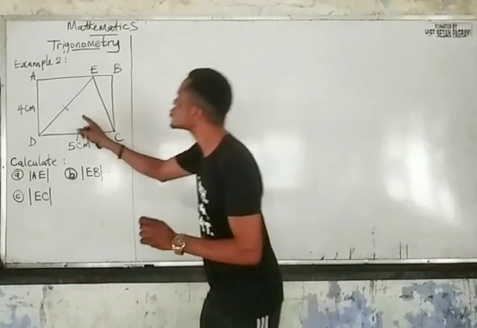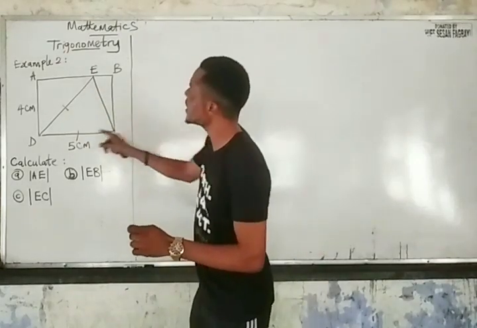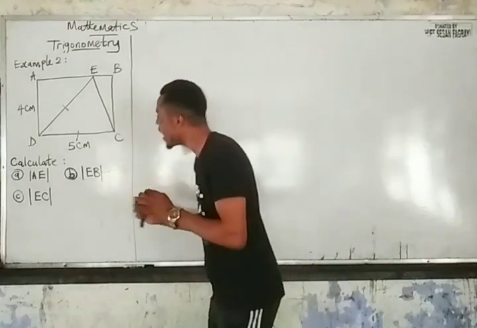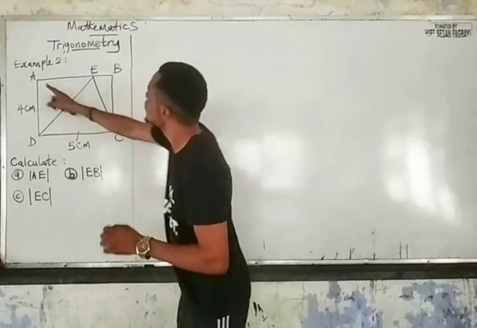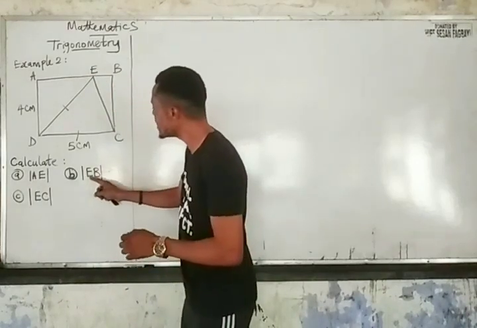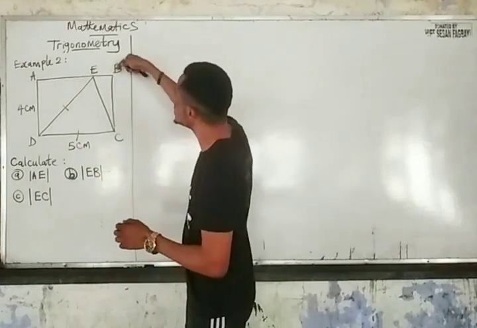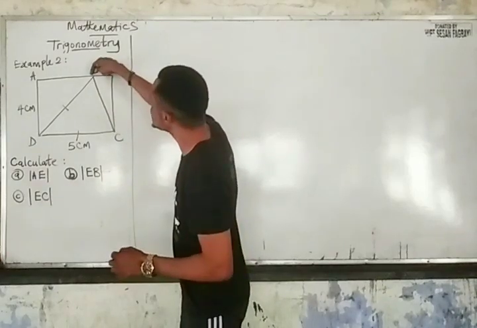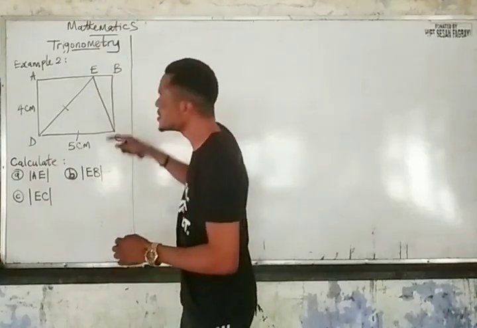So it's an isosceles triangle placed inside of the rectangle. Now we are asked to find AE from this distance A down to E. Equally find EB from this E down to this side. And finally, EC from this E down to this C.